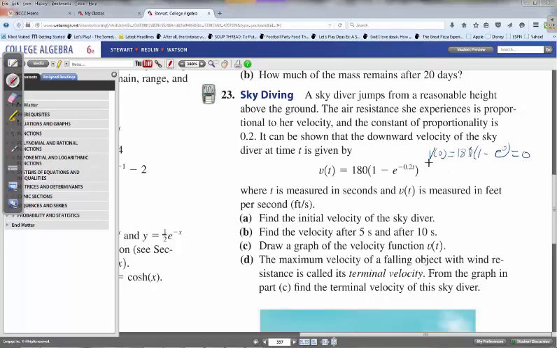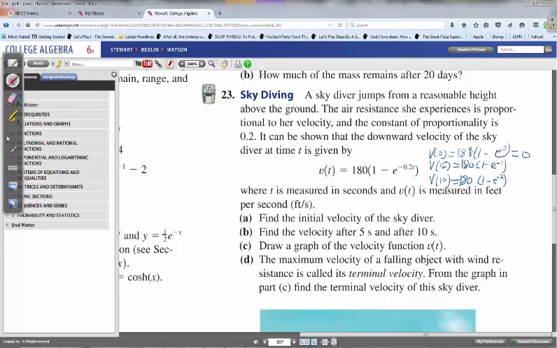Find the velocity after 5 seconds and 10 seconds. Easy enough. V of 5 is 180 times 1 minus e to the, let's see, 5 times 0.2 would be negative 1. So negative 1, and v of 10 would be 180 times 1 minus e to the negative 2.